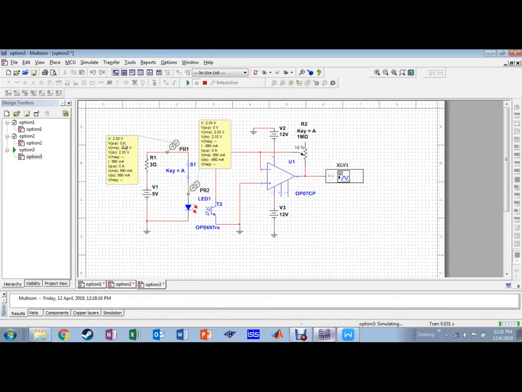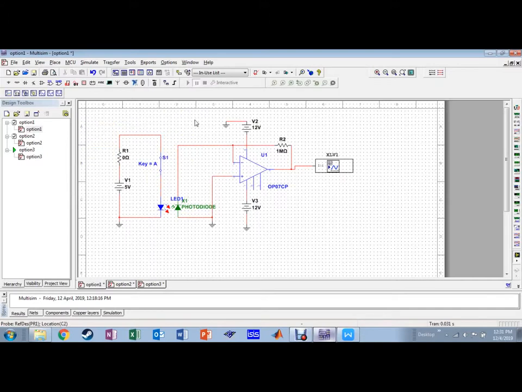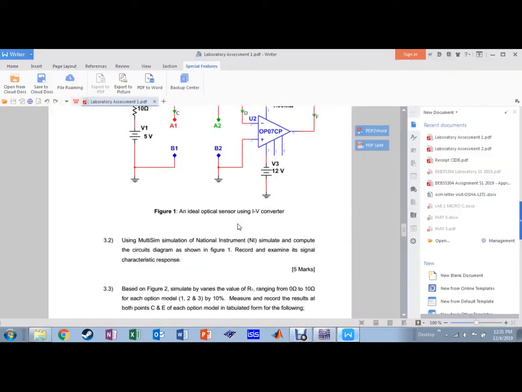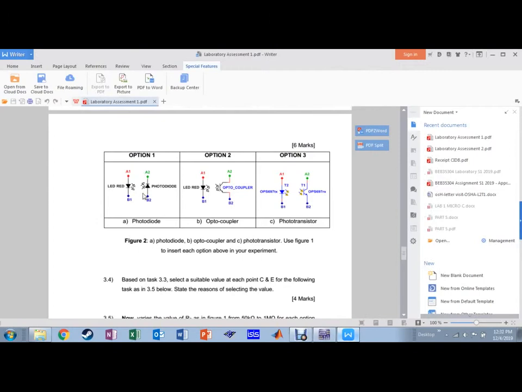Okay, next, back to option 1. After we measure the voltage, current and power at point C and E, okay, this figure shows option 1 photodiode, option 2 optocoupler, and option 3 phototransistor.